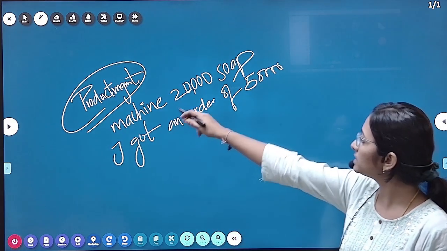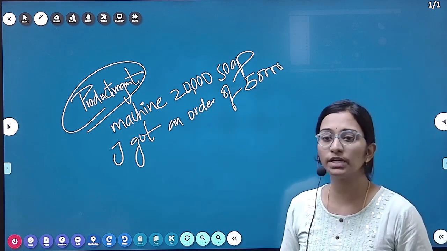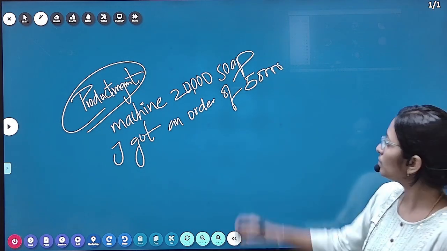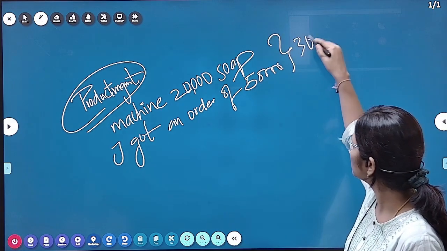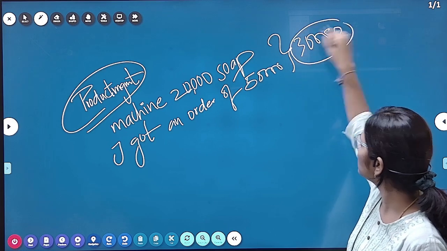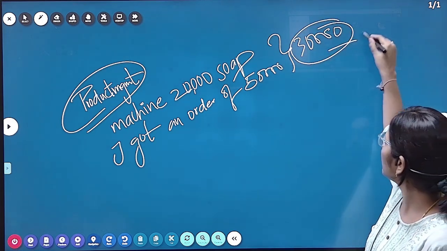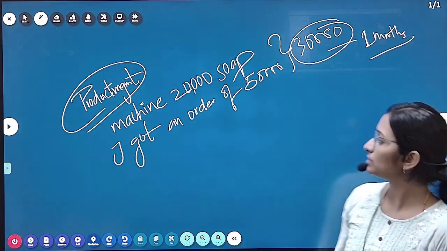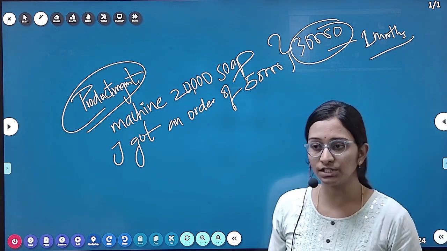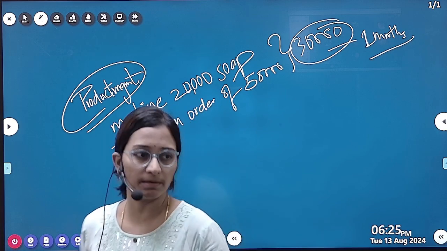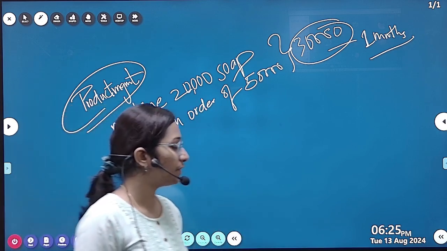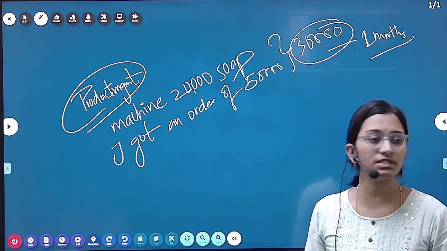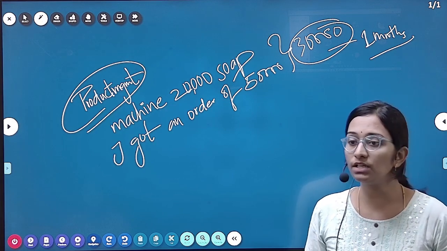The machine which I have can produce only 20,000, but I got an order of 50,000. So what is the deficit? 30,000. For making 30,000, I need 1 month. So the customer, or the retailer, went to another manufacturing company, because my machine will be producing only 20,000 units.